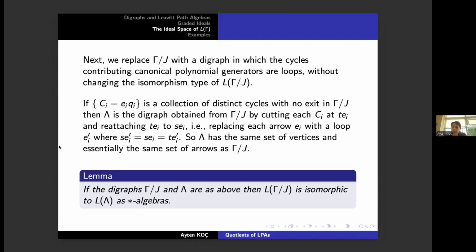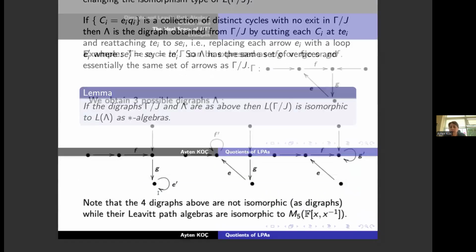Then the Leavitt path algebras of gamma slash J and lambda are isomorphic.